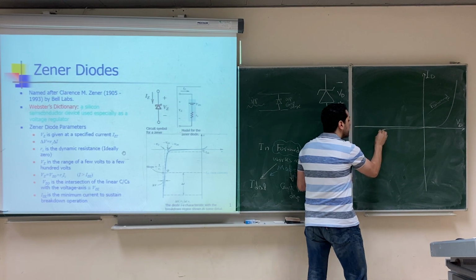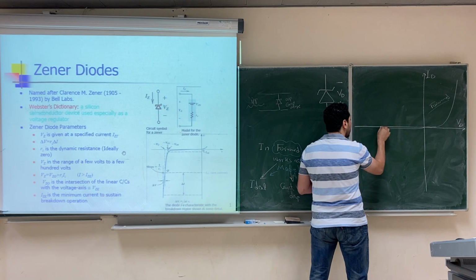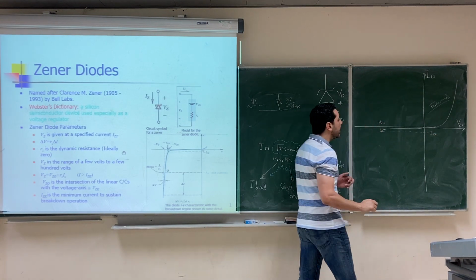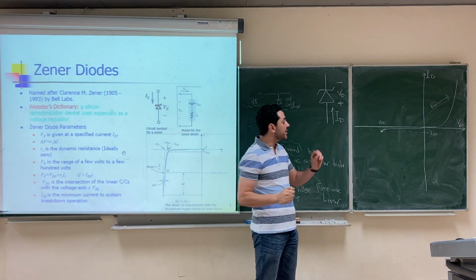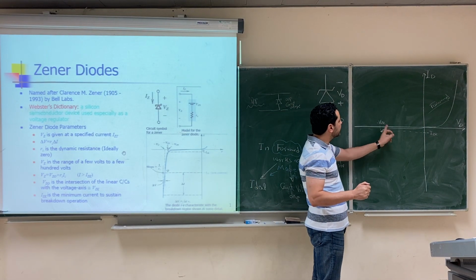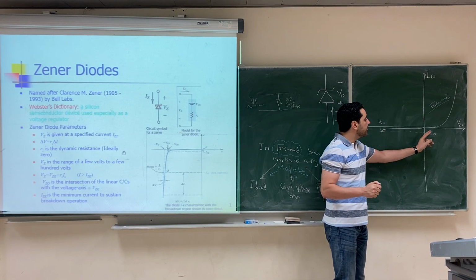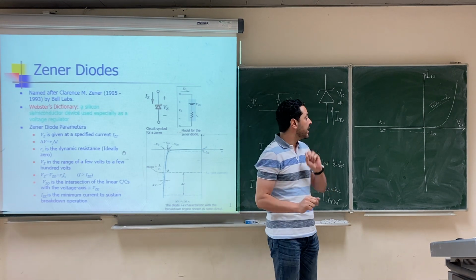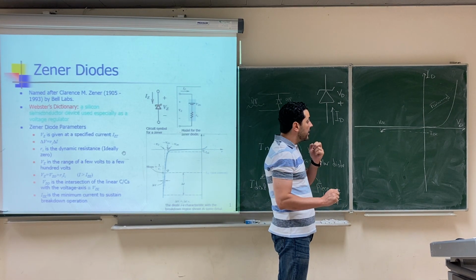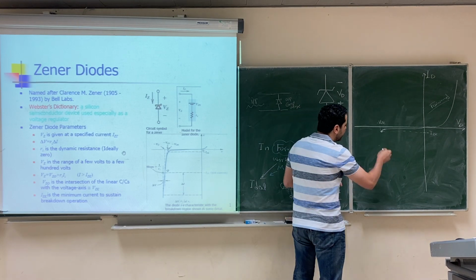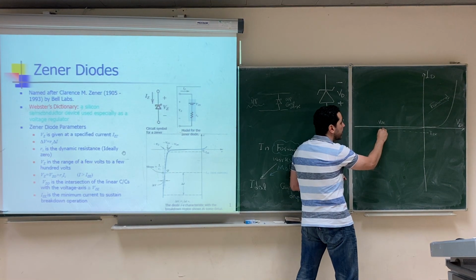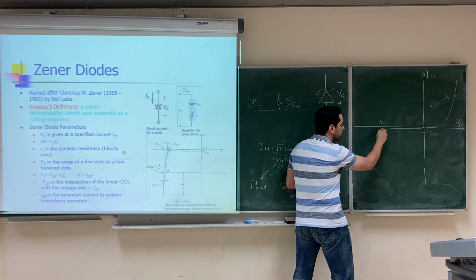Starting from a certain point that we call negative VZK and negative IZK, the breakdown will start. So the starting point of the breakdown is defined as negative VZK and negative IZK. This is the voltage and the current at which the breakdown will start. And when breakdown starts, the current is going to increase in the reverse direction suddenly.